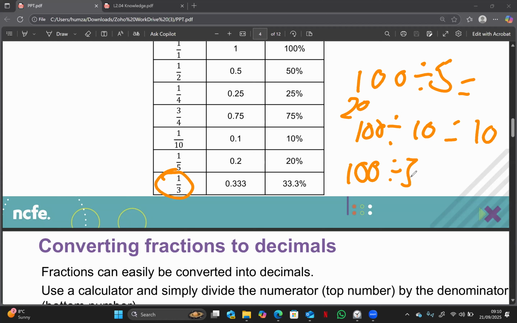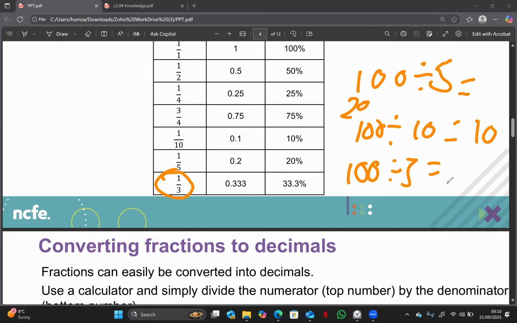Now, what is 100 divided by 3? Can you do that in your head? 30 something, 33. But do 33 times 3. What's 33 times 3? Oh gosh, 99. See, so you can't get 100, can you? Not with the whole number.